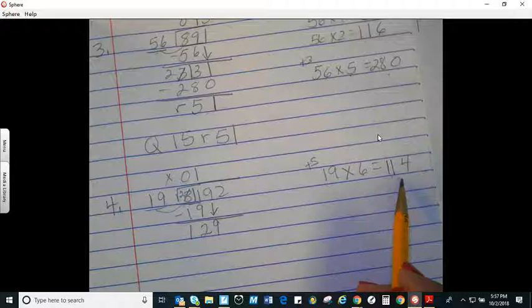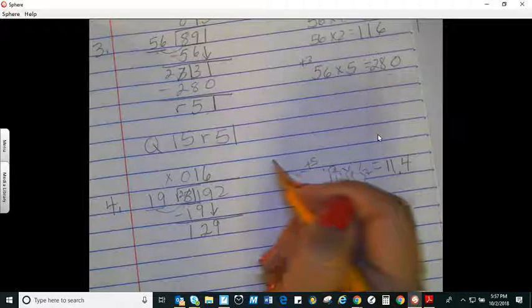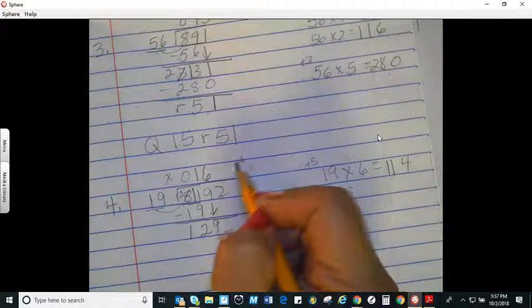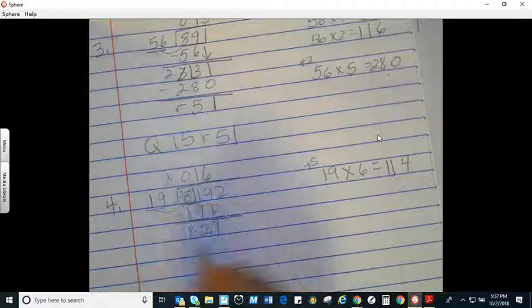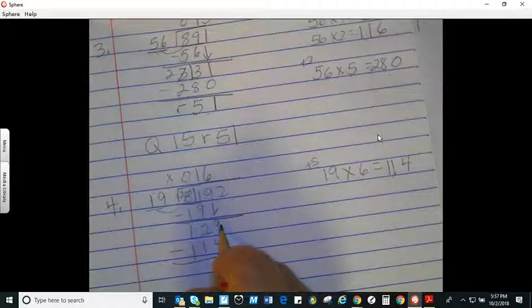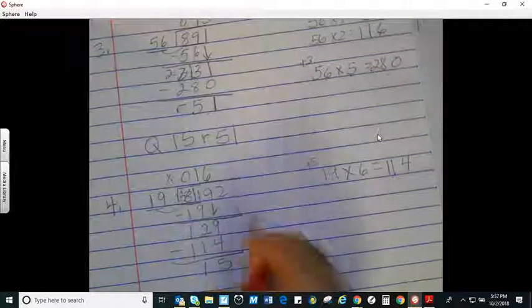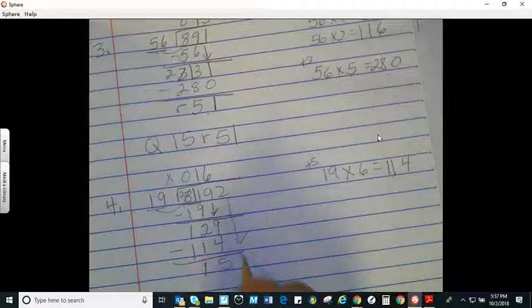Yep, otherwise I'm going to end up going over. So this is 6. And this is 114. Subtract that out. 9 minus 4 equals 5. 2 minus 1 equals 1. And I'm bringing down my 2.